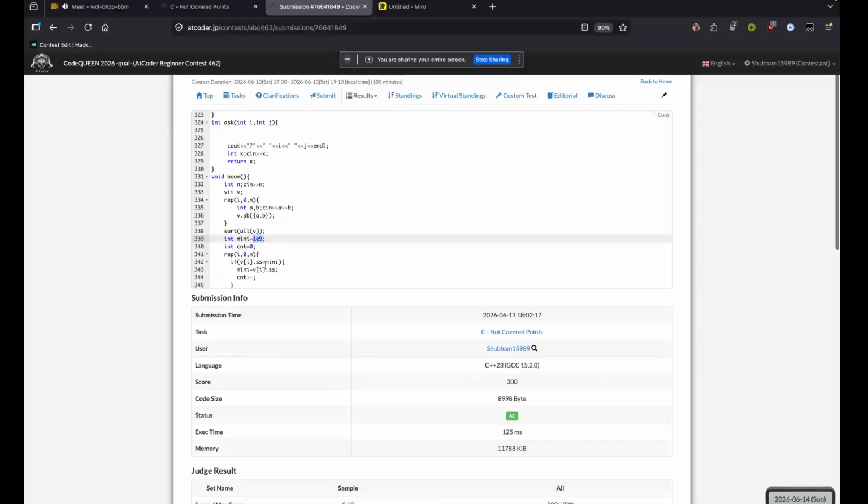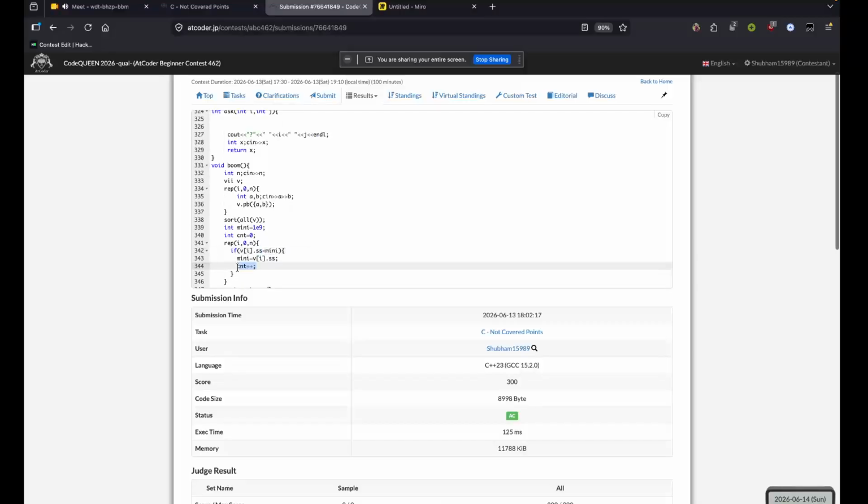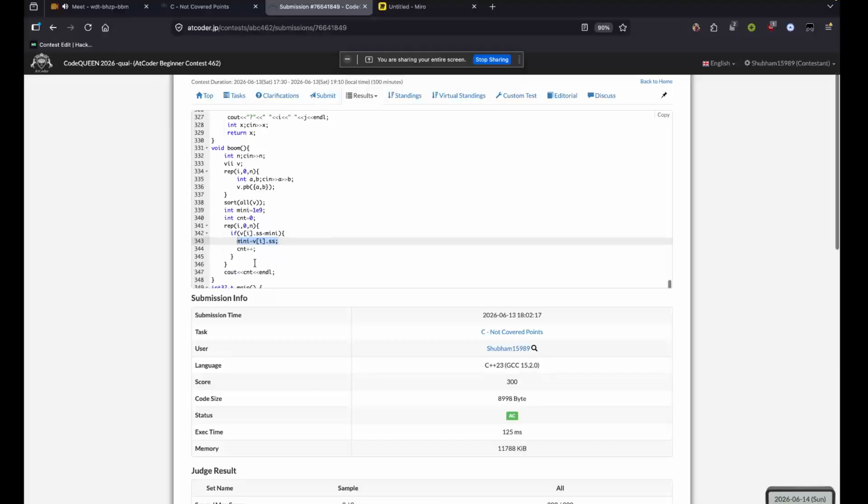If our y-axis is less than the last y-axis, we increase our count and change our last y-axis to the current y-axis. In this way, we can calculate this count.